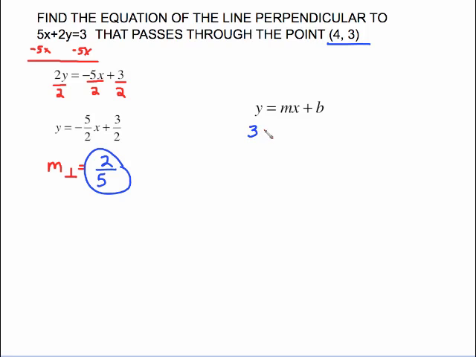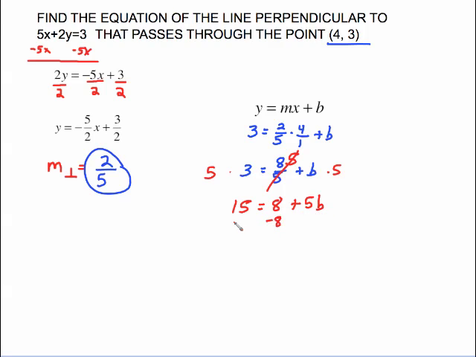Y is 3, m is 2/5, x is 4, which I'll write as 4 over 1. So this is 3 equals 8/5 plus b. Let's multiply everything by the denominator of 5 to get rid of the fraction. So that gives us 15 equals 8, because the 5's cancel, plus 5b.